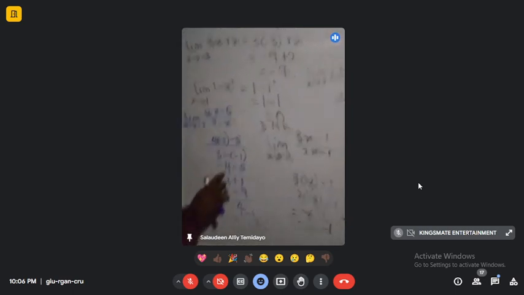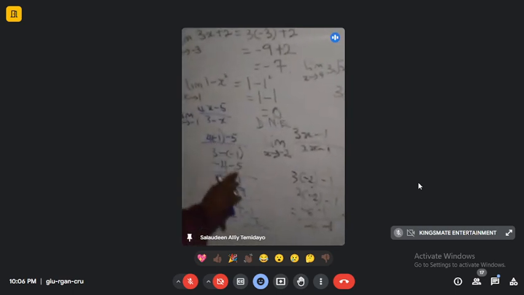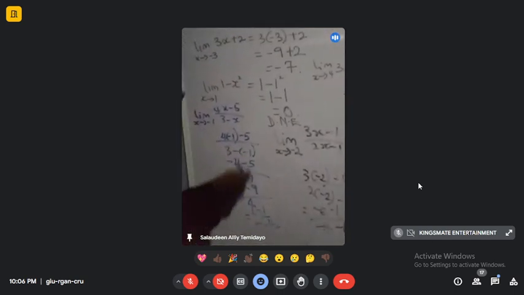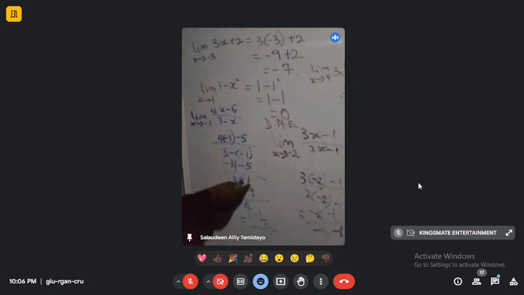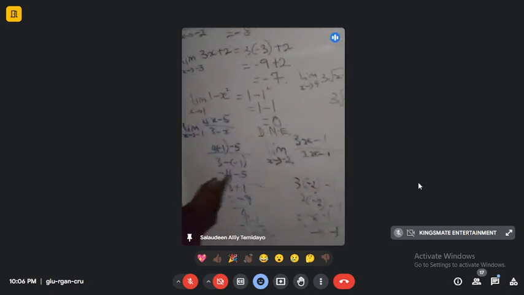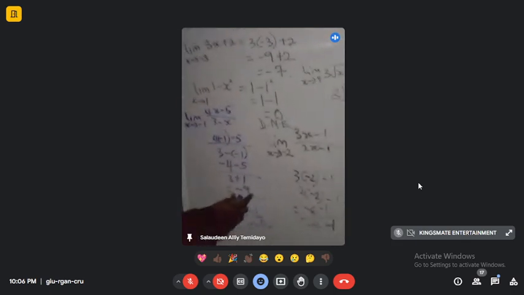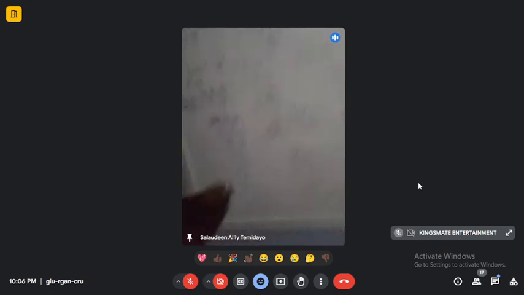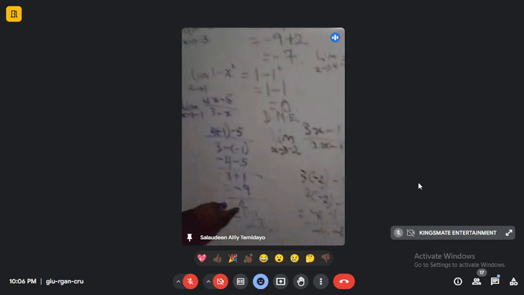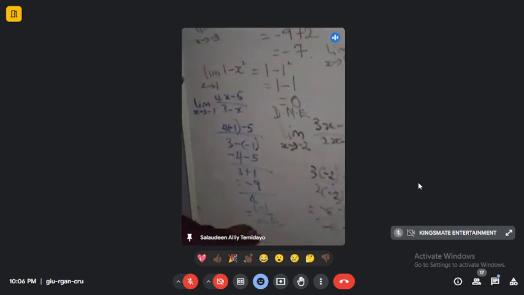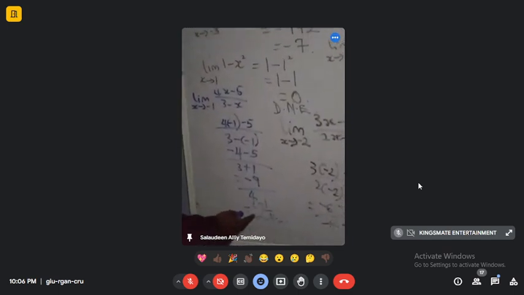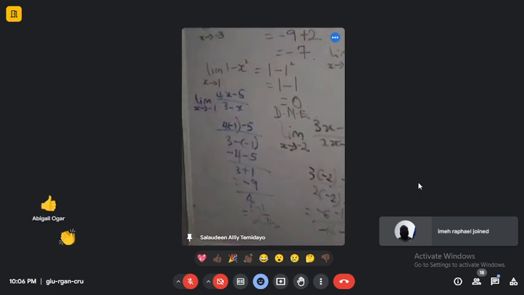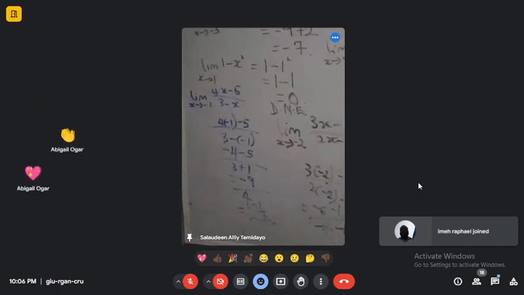So 4 times minus 1 gives me minus 4, and minus 5 over 3. Minus times minus gives me plus, and 1 stands as 1. I have minus 4 minus 5, which gives minus 9, and 3 plus 1, which gives 4. So what I have here now is minus 9 over 4. I just broke it into a mixed fraction. It is minus 2 whole number 1 over 4. Did I explain myself now?